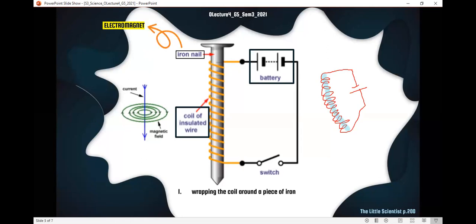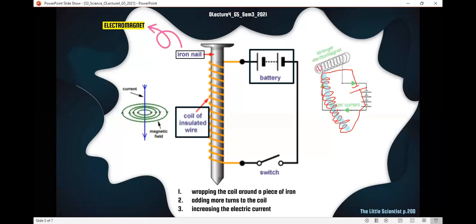Put something made of iron or a good conductor of electricity in the middle. Second, add more turns. Each time you add turns, you increase the power of your electromagnet. Third, instead of using one battery, you can use two batteries. This way, you will make the electric current stronger and then the electromagnet will be stronger.